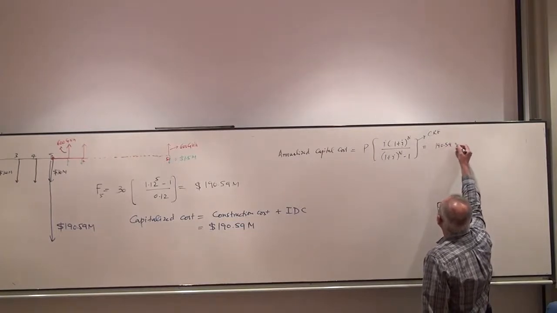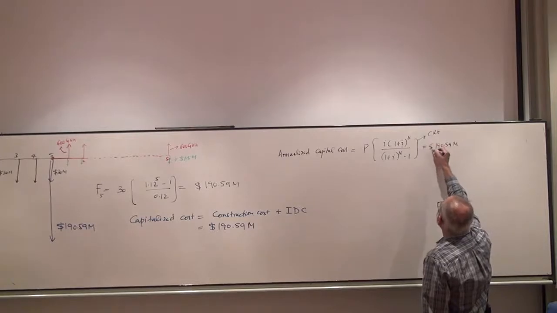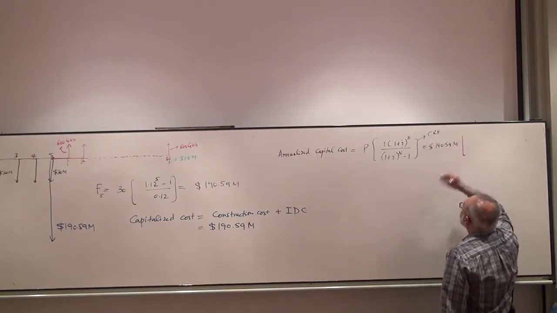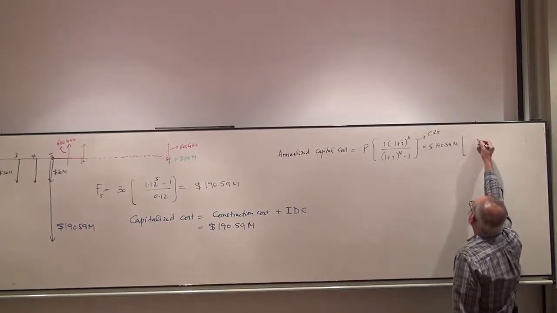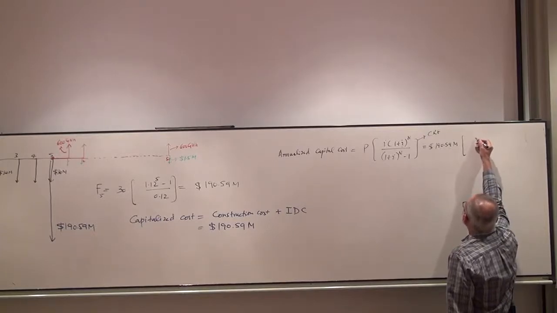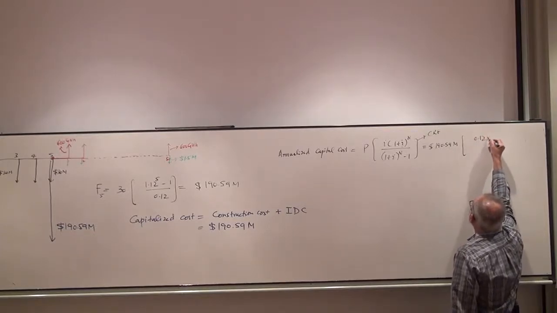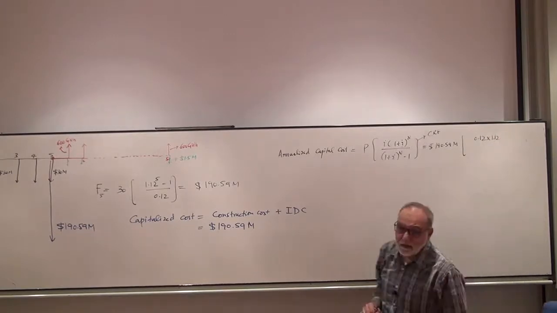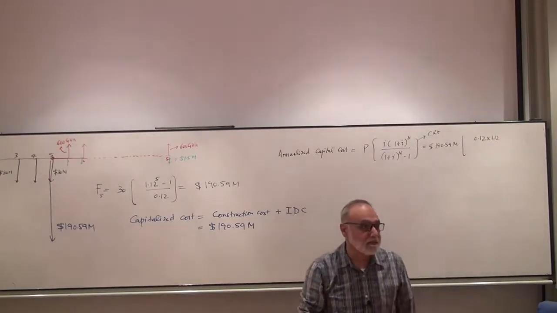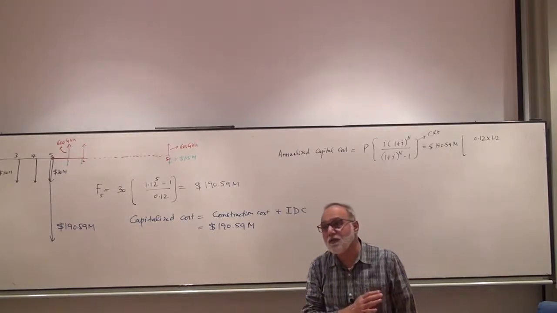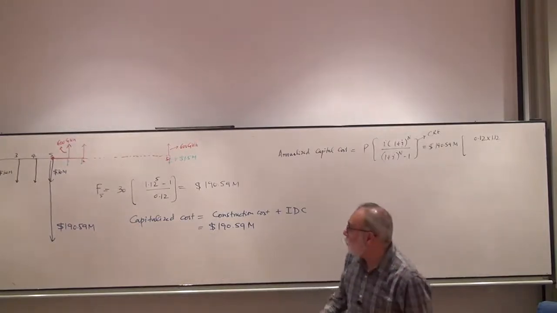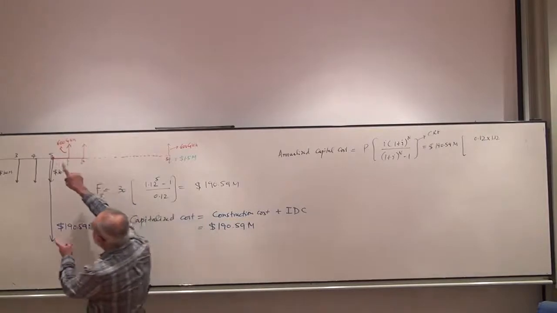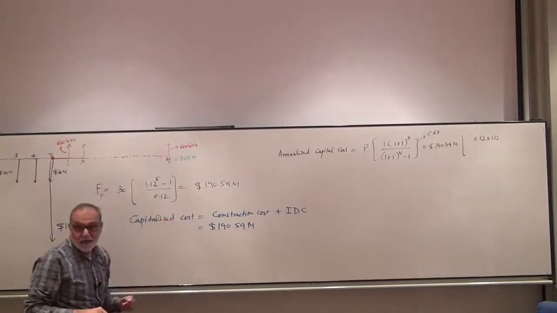190.59, and you can write down million if you like, multiplied by, and we have this i as 12%, 0.12, multiplied by 1.12. Now here we have n. How much is n in this case? 50 years. We are spreading this cost now to 50 years.